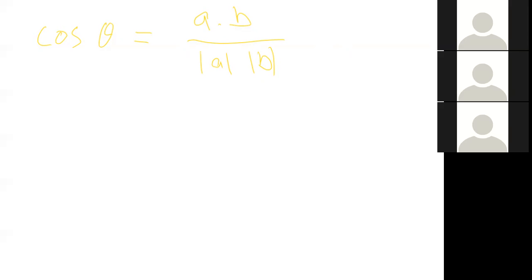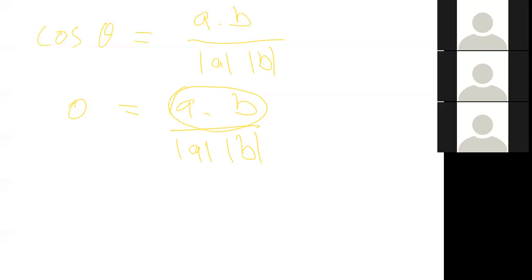So therefore, cosine of 90 will give us 0, equal to A dot B over the magnitude of A times the magnitude of B. If this is going to be equal to 0, then this part has to be equal to 0, right?